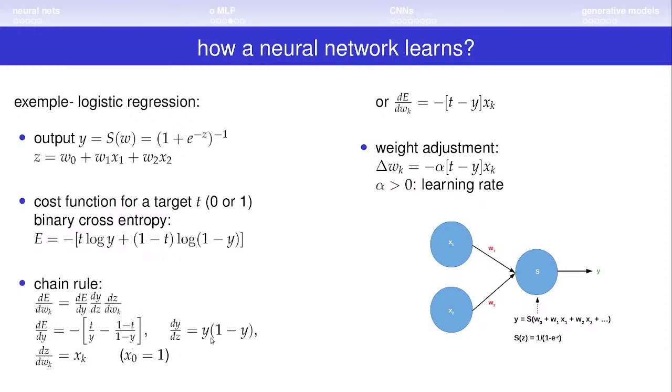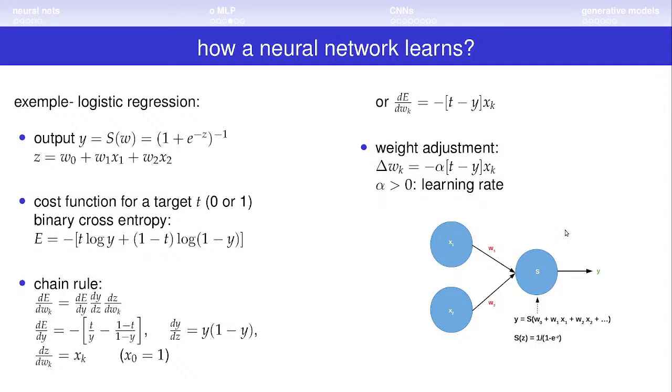The second term corresponds to this expression, and the third term to this expression. Putting everything together, we obtain this expression for the gradient of the cost function. Using the gradient descent approach, we can adjust the values of the weights after each data point is presented in this way, where alpha is the learning rate. This is a very simple example of how backpropagation works.